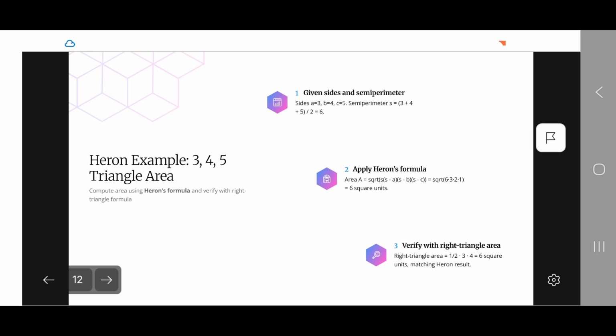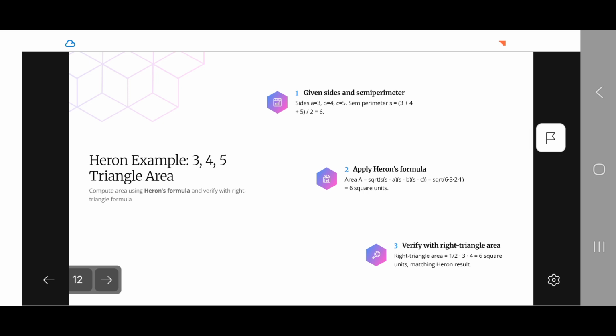Apply Heron's formula. The area equals the square root of S times S minus A, S minus B, and S minus C. So the square root of 6 times 3 times 2 times 1 equals 6 square units.